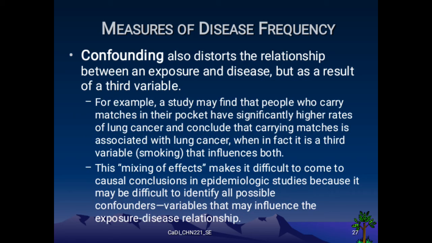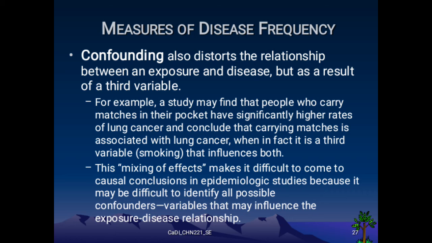Now we look at confounding, which also distorts the relationship between an exposure and disease, but as a result of a third variable. For instance, a study may find that people who carry matches in their pockets have significantly higher rates of lung cancer and conclude that carrying matches is associated with lung cancer, when it in fact is a third variable that influences both.